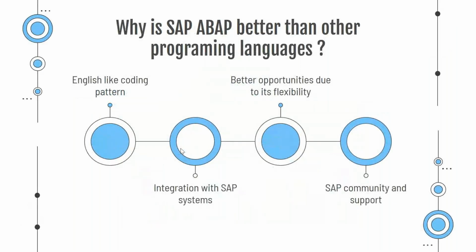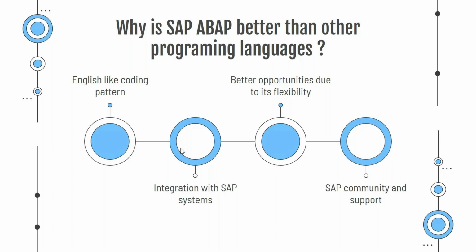So now, why is ABAP better than other programming languages? So first and most important, English-like coding pattern. So everything that you write in ABAP, everything you see in ABAP will be very much like English. Okay, so for example, if you want to read any data, I'm just giving you an example. Anyhow, we'll see in depth how the coding will look. But let's say if you want to read some data from any table, in that case, you'll just write read table.